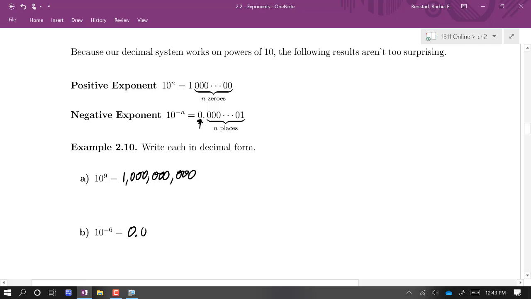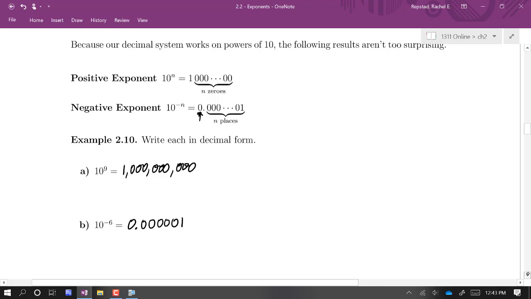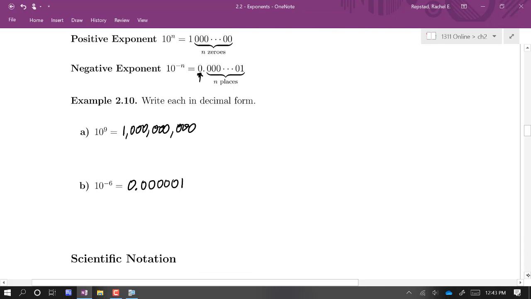So 1, 2, 3, 4, 5, 6. There's a simple way to think about it. This is the same as 1 over 10 to the 6, 1 over a million, and you'll notice that we have the 1 in the 1/1,000,000th spot there.